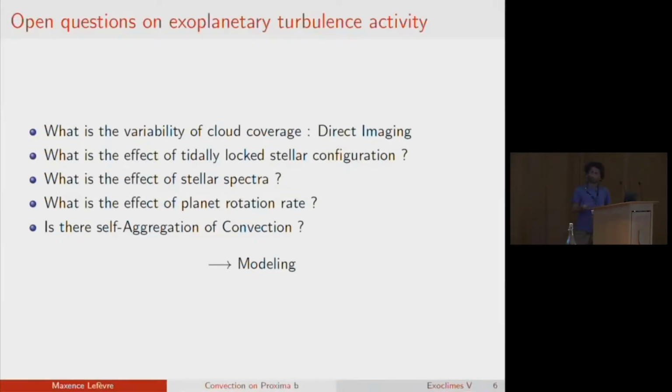And what is the effect of the stellar spectra on the convection and the cloud coverage, and what is the effect of the rotation rate of the planet on this, and can we have large self-aggregation of convection?